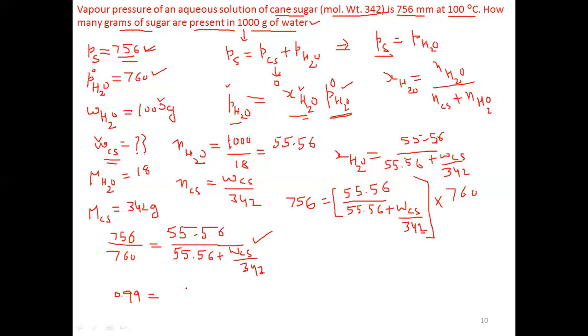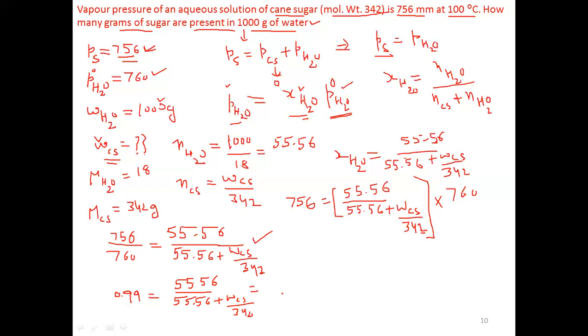So 0.99 is equal to 55.56 divided by 55.56 plus WCS divided by 342. Now we will cross multiply.